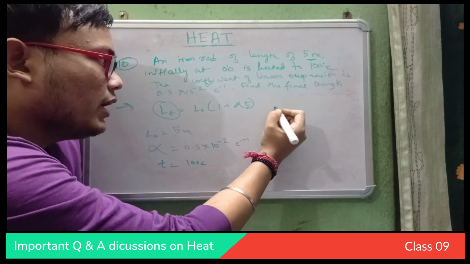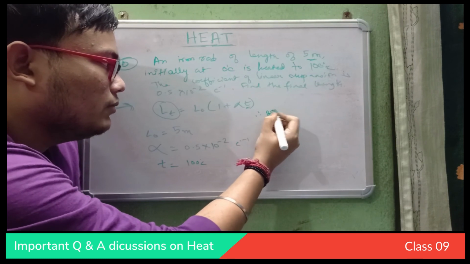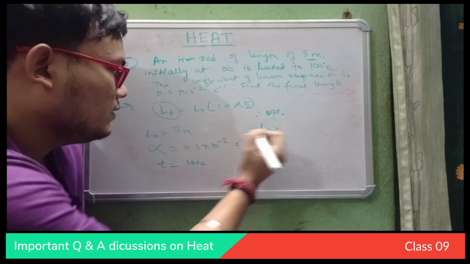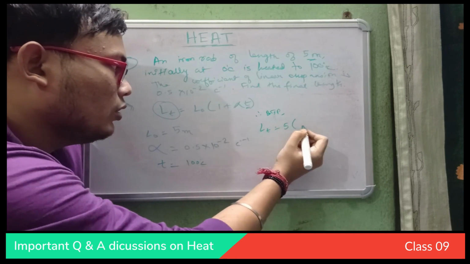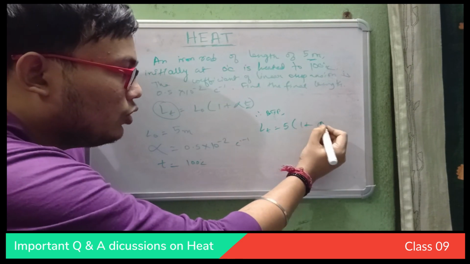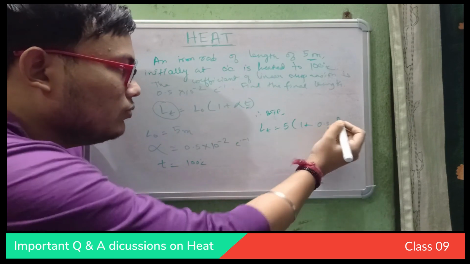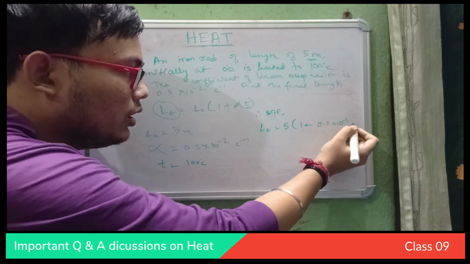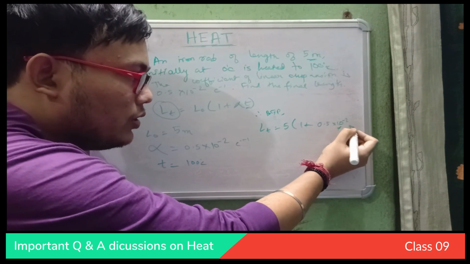So by the problem, LT equals L0, which is 5, times (1 plus 0.5 into 10 to the power minus 2, into 100).